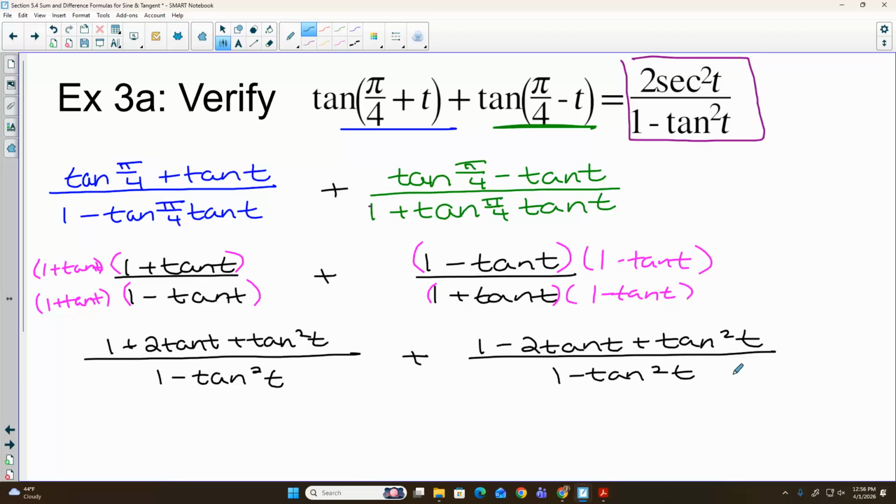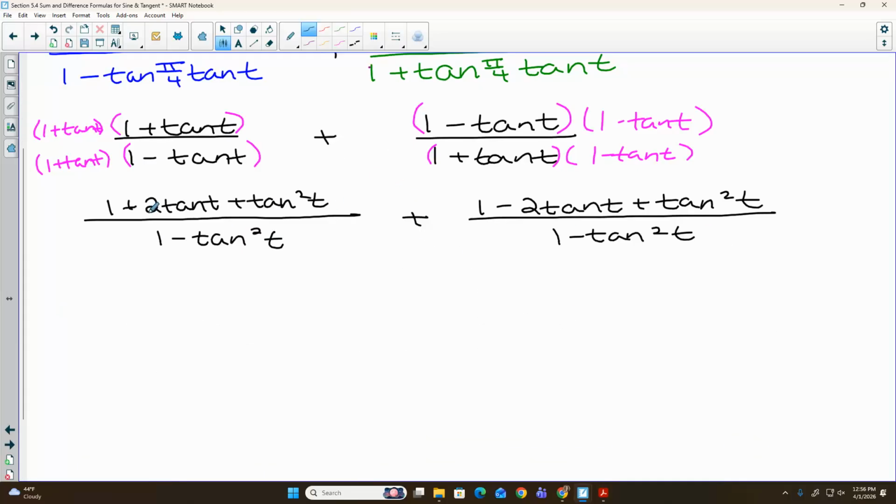Now what? Yeah, you can add them together if the denominators are the same. The 2 tangent t and negative 2 tangent t cancel.